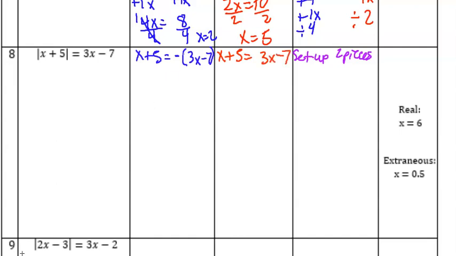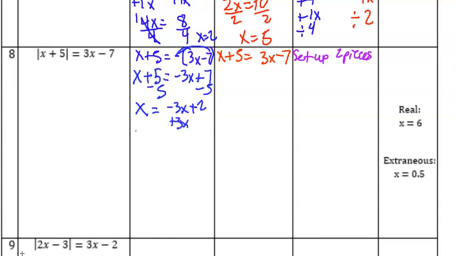Now we will solve for x for each one individually. Let's distribute that negative 1 to each term to get x plus 5 equals negative 3x plus 7. Subtract 5 on each side. x equals negative 3x plus 2.